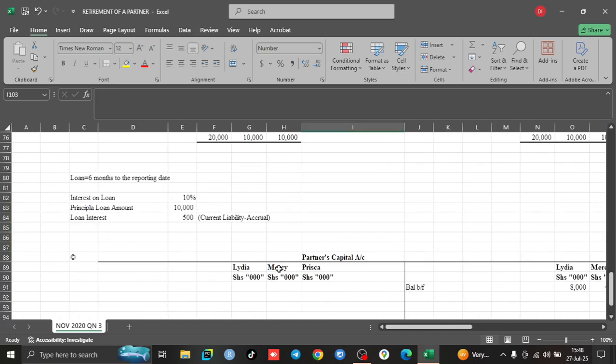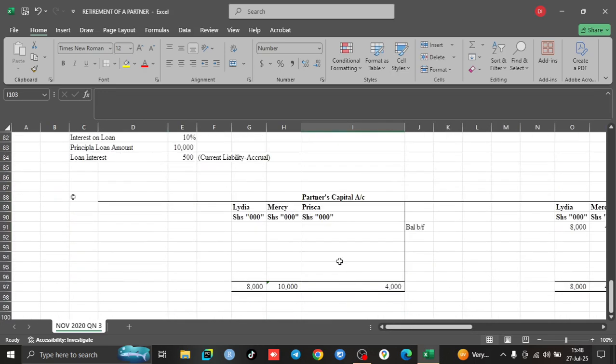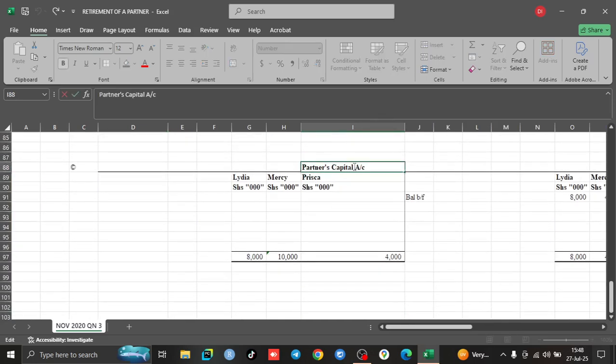Perfect. So what's our balances for the current account? This is not a capital account, this is now our current account. For the current account, this is part C of that question.